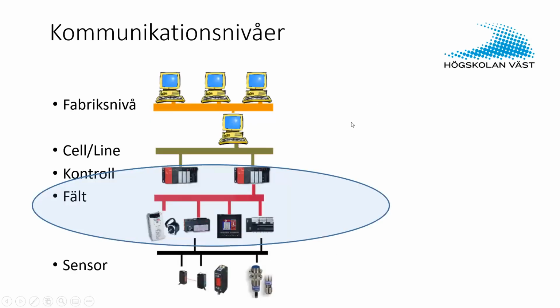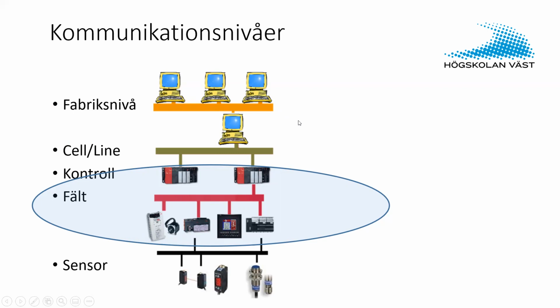So if we remember the picture of a factory or the networks, we have robots and stuff on the right hand side and the economy systems on the left hand side, but now it's down and up instead. So we have the sensors and PLC controllers down here, machines, and then on the factory level, that's the supervision and control systems and maybe economy systems and things like that, back end.